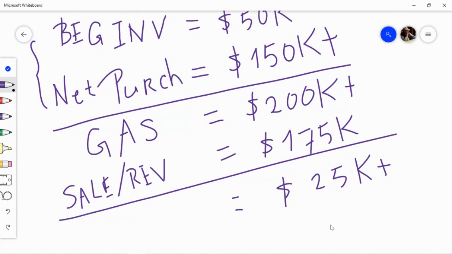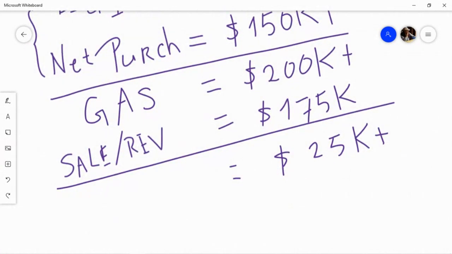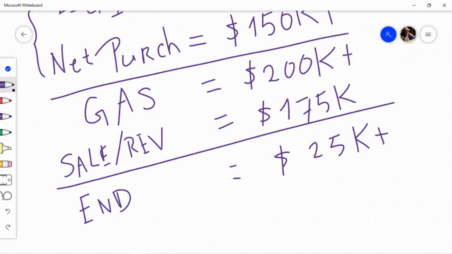No, turnover means changeover, right? For this period, that's the ending inventory, isn't that right?